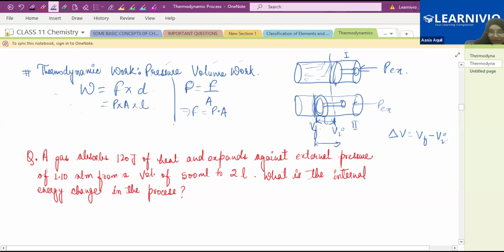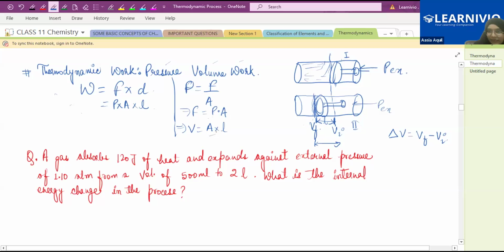Now you know that what is volume? Volume is basically area into length. Length into breadth into height, all are length. But when you multiply length into length, you will get area. So volume is basically area into length.